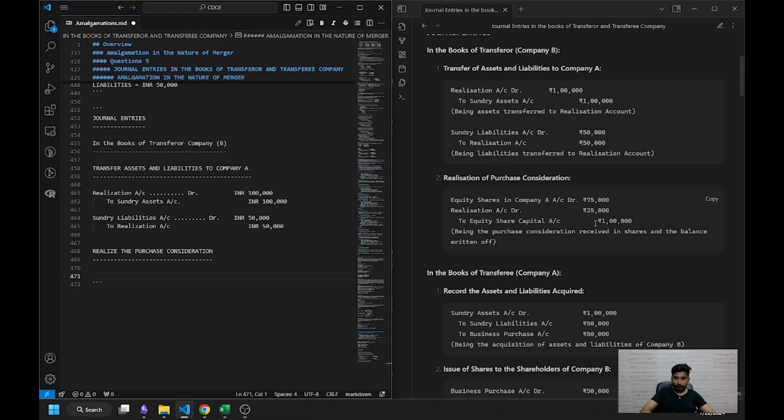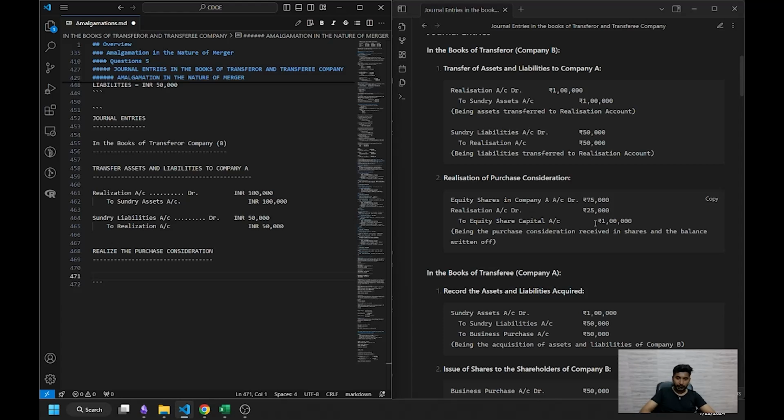We have the equity share capital of rupees 1 lakh. See, purchase consideration has been received in shares and the balance has been written off. So the balance which has been written off will be taken from the realization account and the equity share capital of company A.